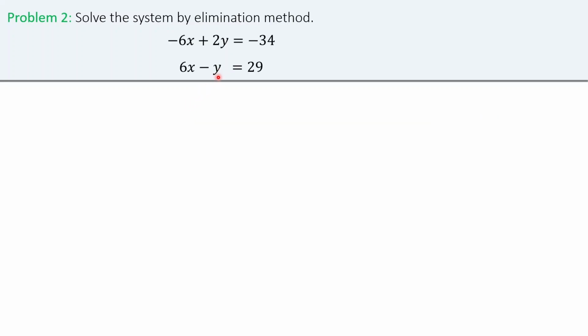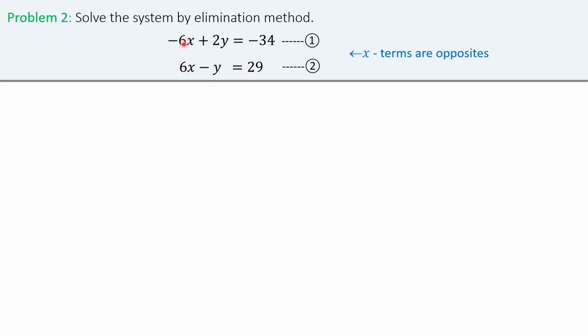Next, we are going to solve this system of equations by elimination method. You got two equations, equation 1, equation 2. In this system, you have negative 6x and positive 6x. So these are opposites.